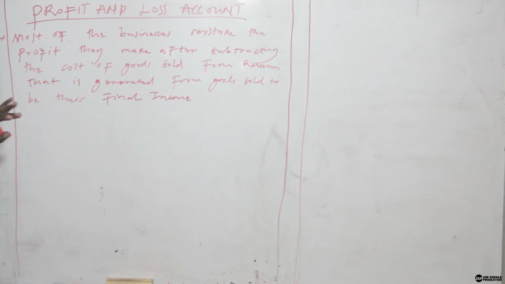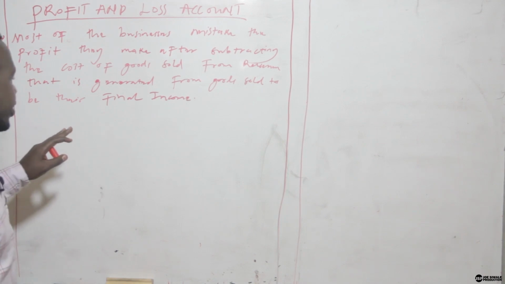So most of the businesses mistake the profit they make after subtracting the cost of goods sold from revenue that is generated from goods sold to be their final income.